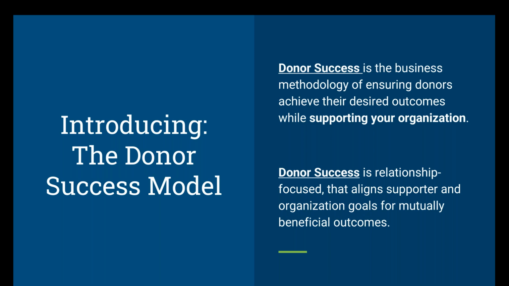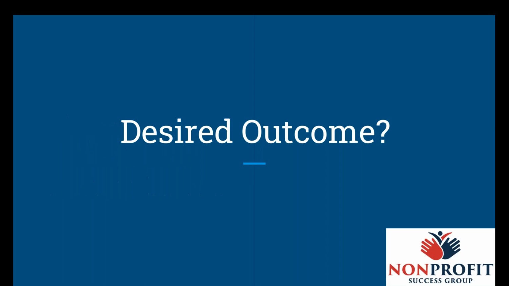It is focused on making sure that the donor is getting what they want out of this transaction so that it's a mutually beneficial relationship. So I always get asked, okay, what the heck is a desired outcome?